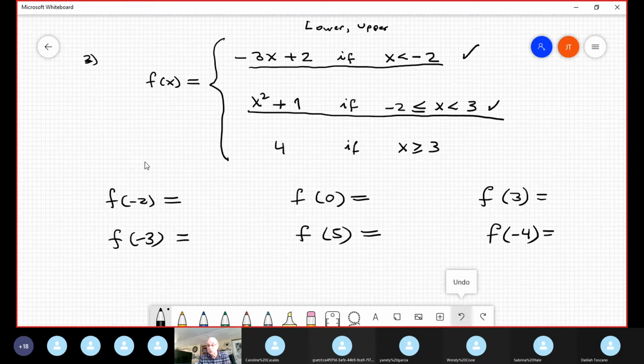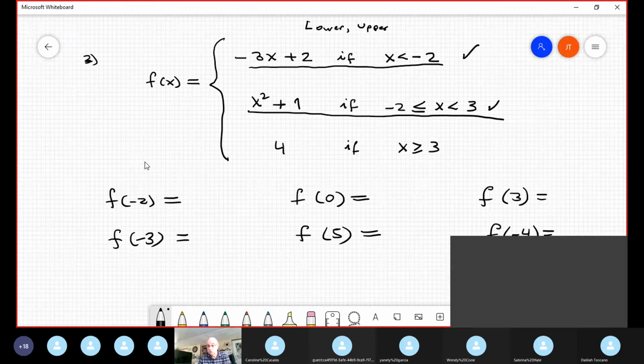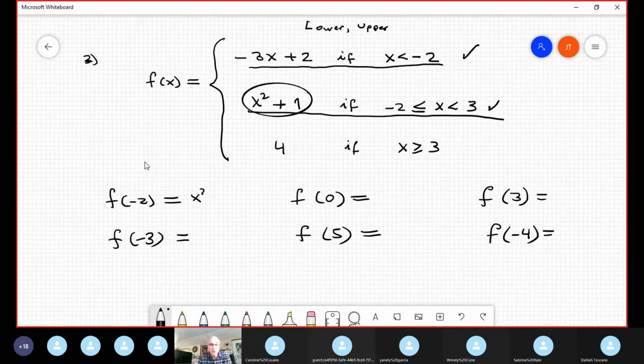I need to know if you see or no. Now you select the second expression, x squared plus 1, and you evaluate at negative 2. Plugging negative 2 in here, squared, plus 1. Be careful with the sign. Negative 2 squared is 4 plus 1 is 5. End of the story. The first answer is 5.